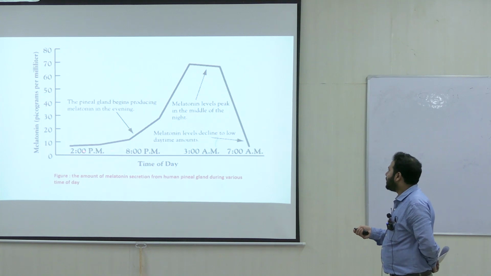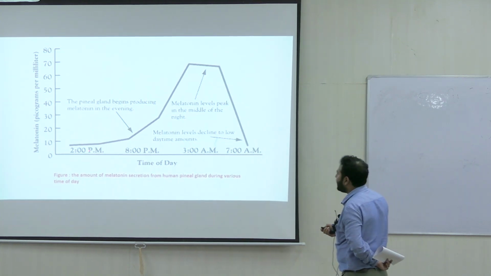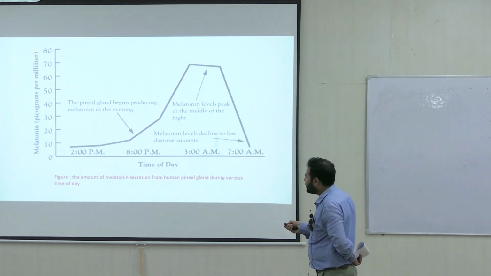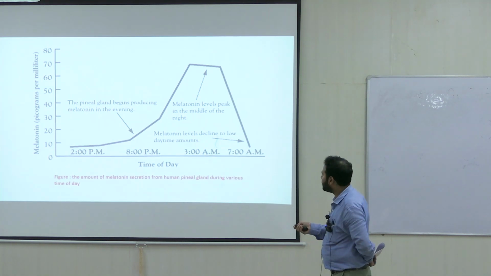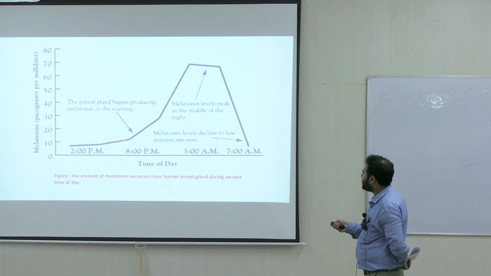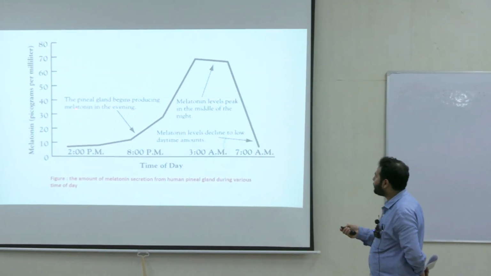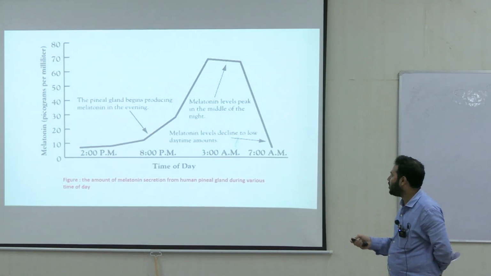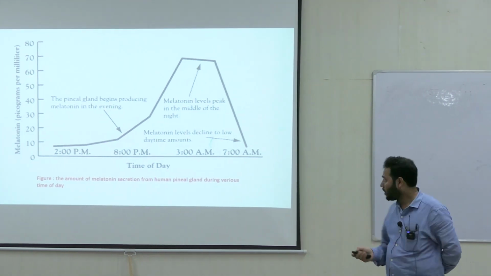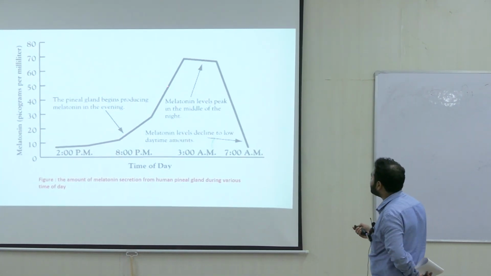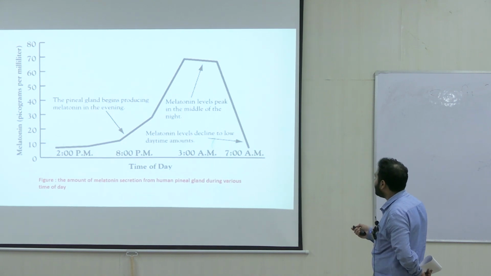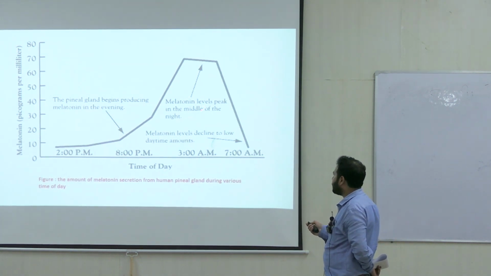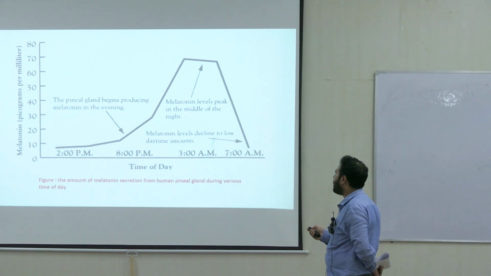Here you can see that at around 2 p.m. the level of melatonin is already near the baseline, but with the change of time the pineal gland begins producing melatonin in the evening, and the level of secretion here is around 20 picograms. It then rapidly increases with time and reaches its peak level, which may occur around midnight.